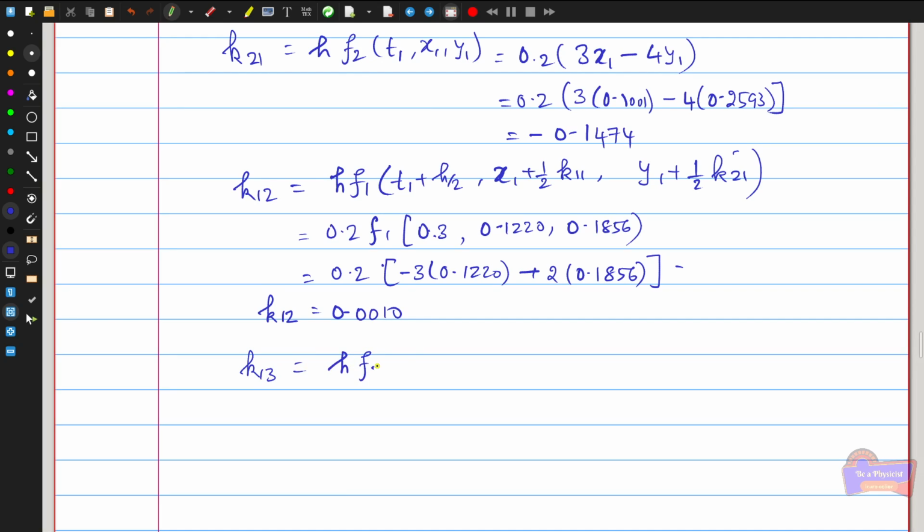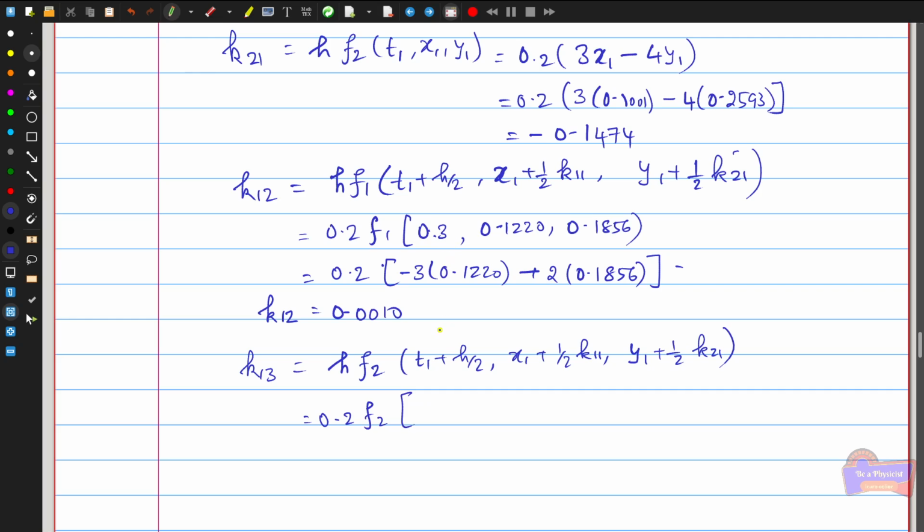And k13 will be equal to again h of f2 of t1 plus h divided by 2, x1 plus half k11 and y1 plus half of k21. Now 0.2, the function f2, again the same values.